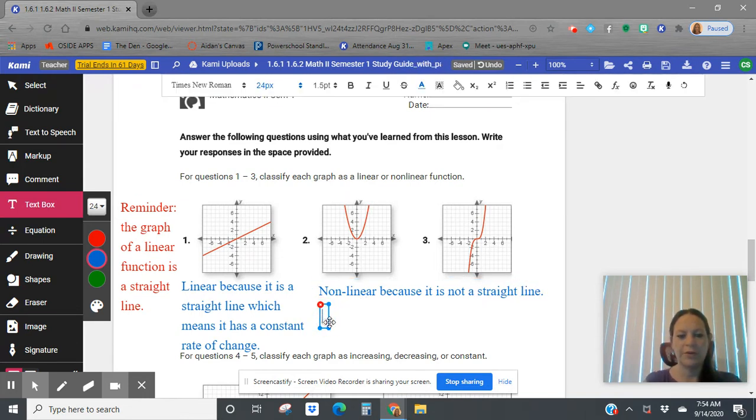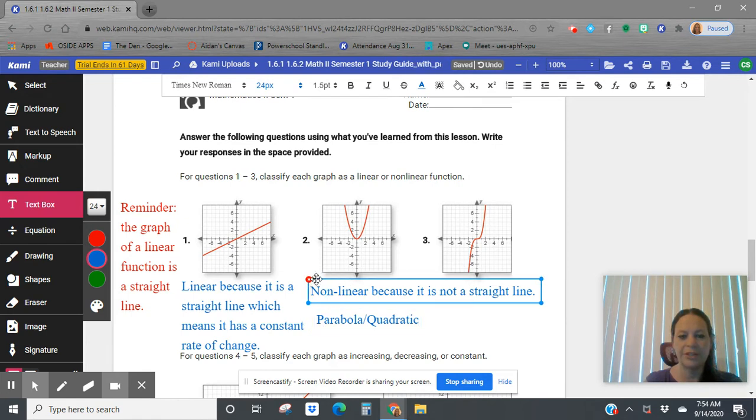And if you'd like to go further and write down that this is a parabola or a quadratic, because we're getting used to these new terms, this is going to be the one we study the most this year in Math 2. It's definitely a good one to get used to.